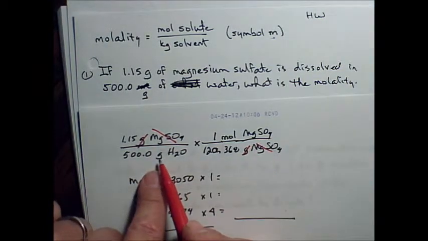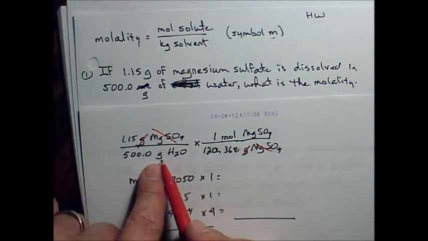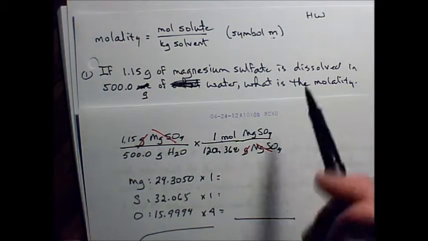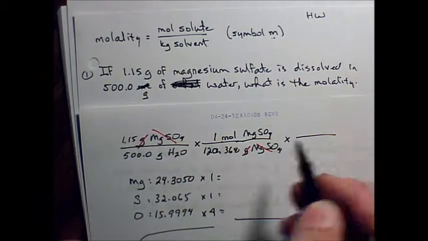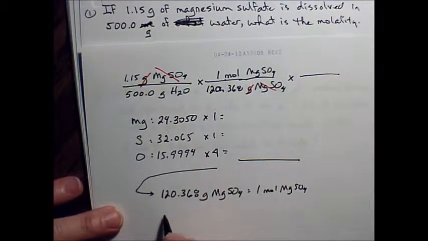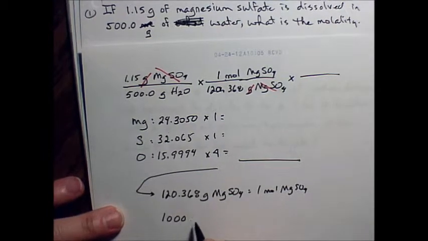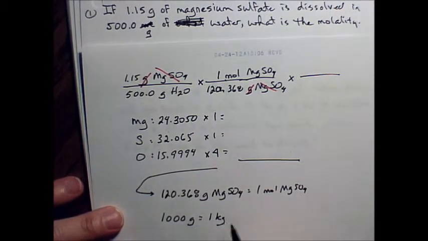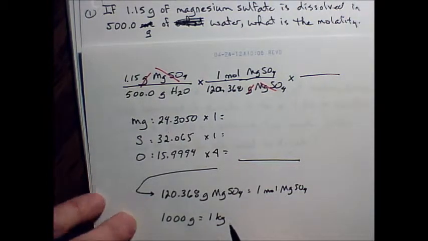Now, our solvent right now is in grams. We need the solvent in kilograms. We need an equality statement for a conversion unit that changes grams to kilograms. That equality statement is something you should just memorize: 1,000 grams equals 1 kilogram. You have to write it down and show it to me because I'm from Missouri.